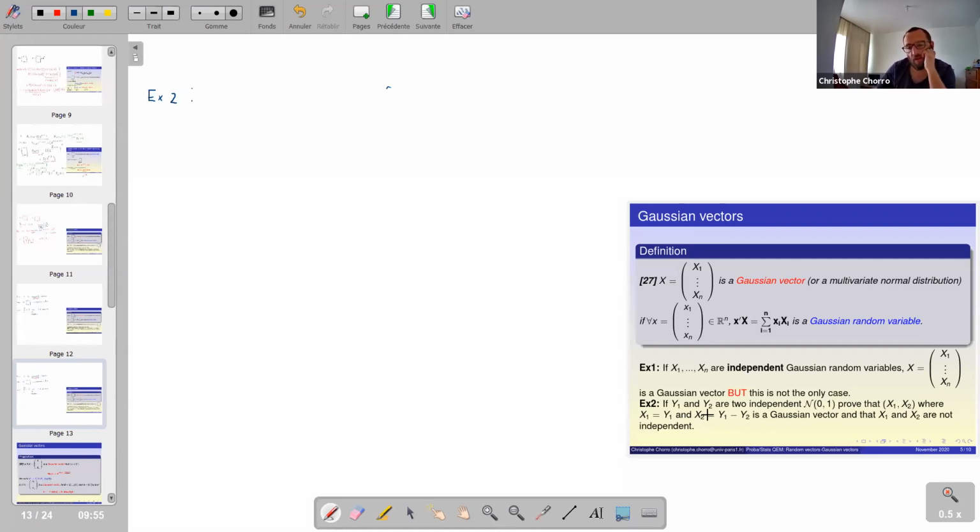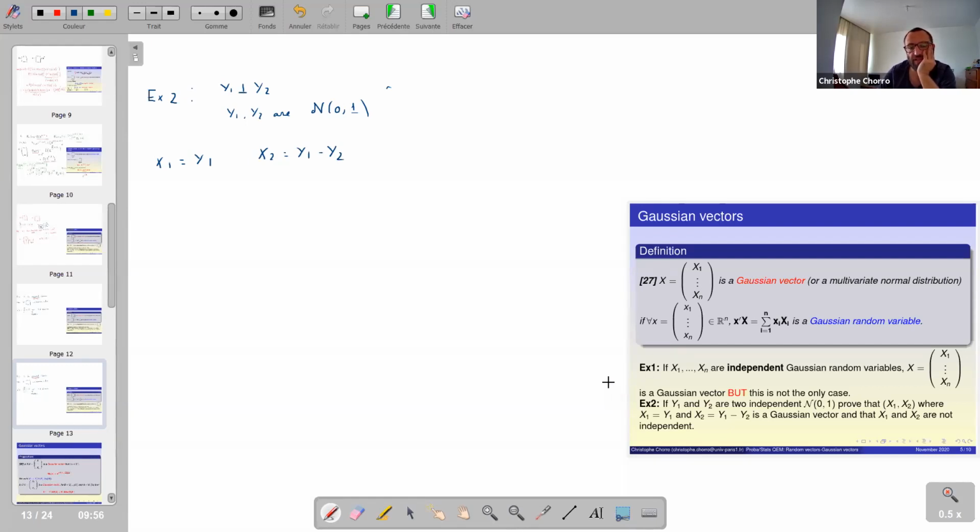I suppose that y1 and y2 are two independent N(0,1). So y1 is independent of y2, and y1 and y2 are N(0,1). I define x1 this way, and I define x2 this way. I want to prove two things.